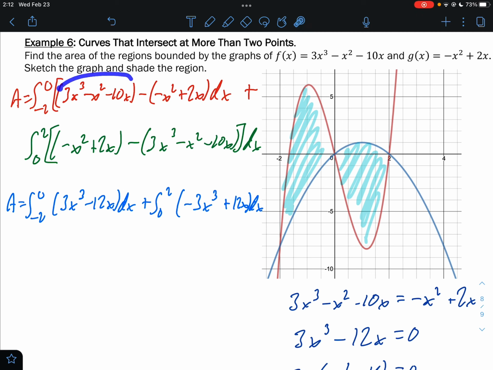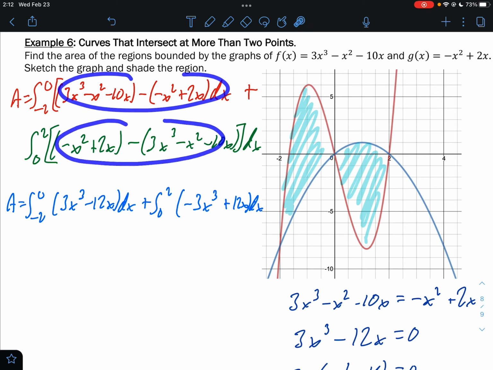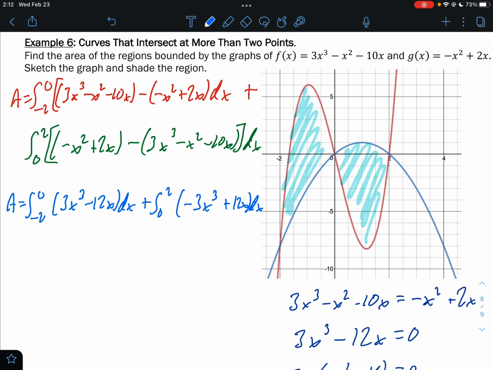So all I'm doing there is just combining like terms here and combining like terms here. Antiderivative, so we get 3/4 x to the 4th minus 6x squared plus negative 3/4 x to the 4th plus 6x squared. There are bounds on both.